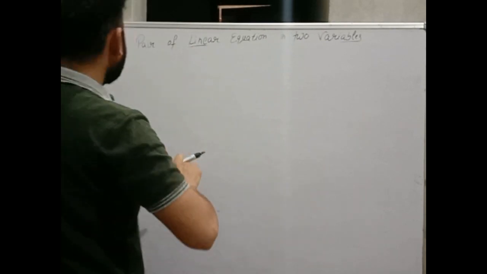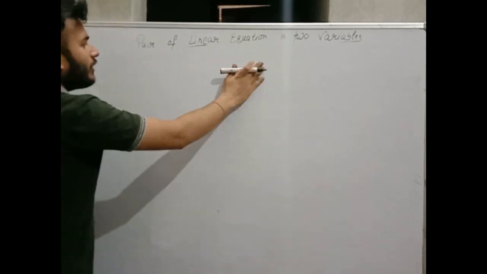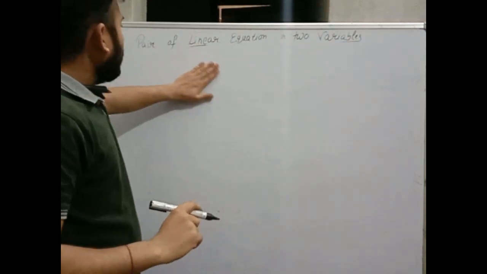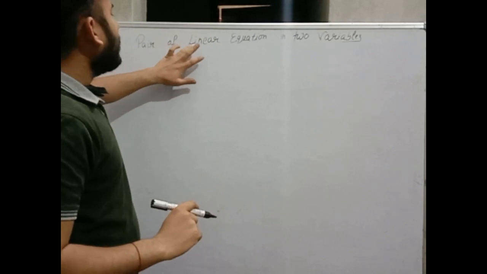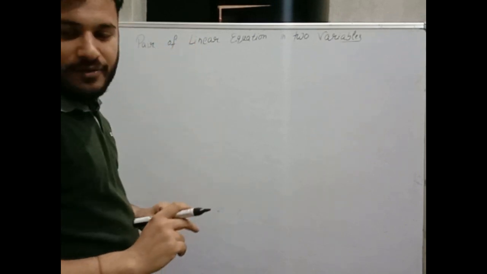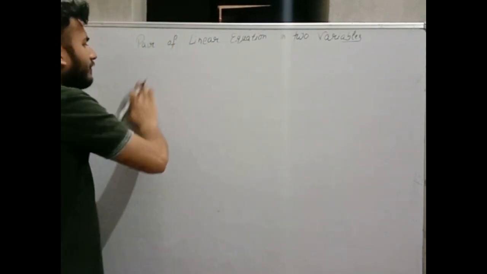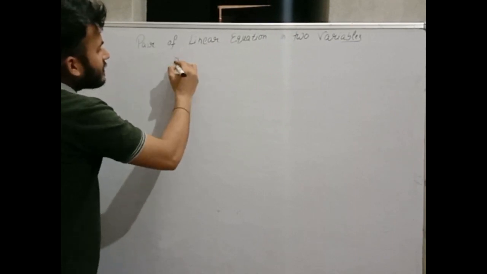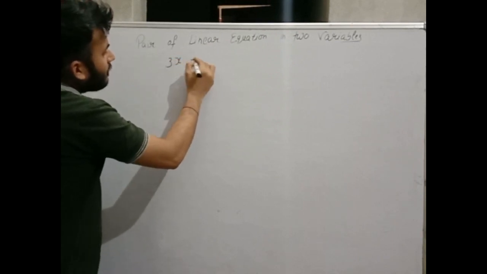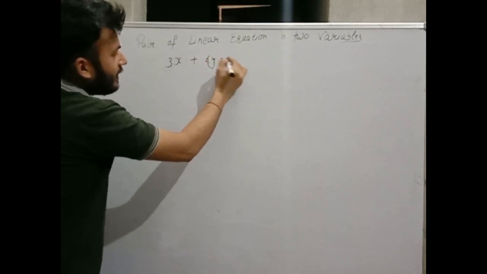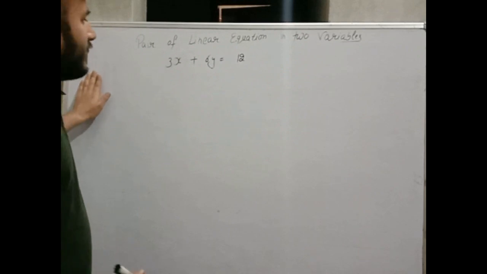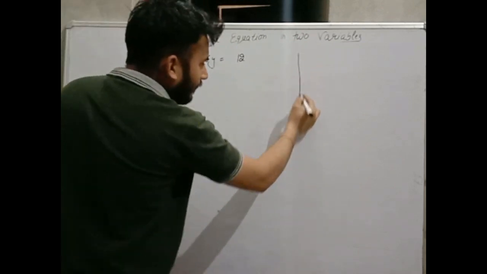Now in class 9 you have already learned about the formulation of equations and their representation on a graph. If I am given the equation 3x plus 6y equals 12, then how can we represent this equation on a graph?